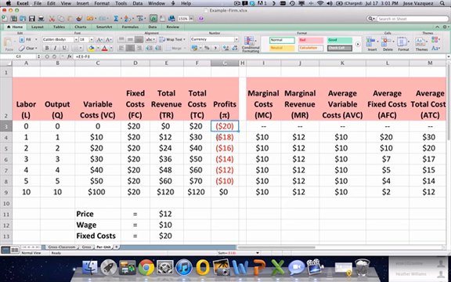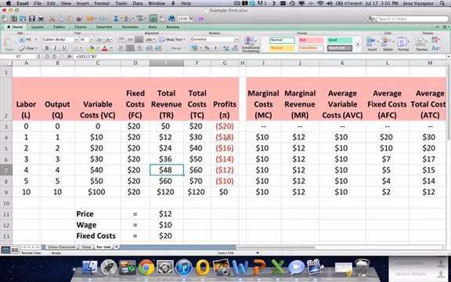So when you work 0 hours, you make no revenue, and you lose $20. When you work 1 hour, you make $12 in revenue, but you have $30 in costs, so you're in the hole for 18. When you work 2 hours, you make $24 of revenue, but you pay $40 in costs, so you're in the hole for 16. When you work 3 hours, $36 in revenue, and 50 in costs. When you work 4 hours, you have $48 in revenue, and 60 in costs.